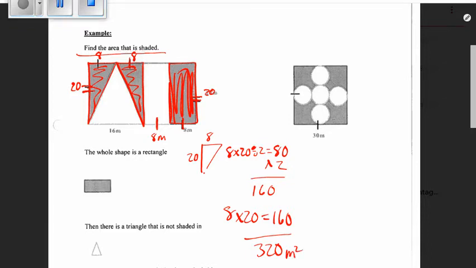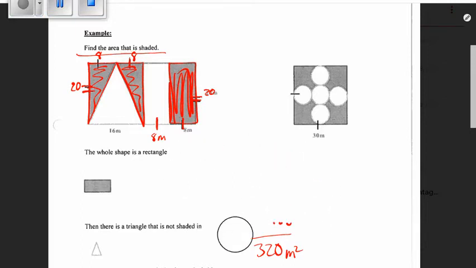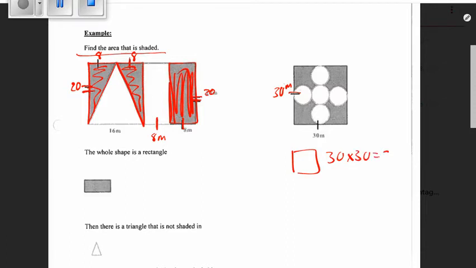That's a really simple one where I just had to find a couple shapes and put them together. They get a little more complicated. Taking a look at this one here, I only got 2 measurements, the 30 meters and the 30 meters. So I know the whole entire shape is 30 times 30, which is 900 meters squared.